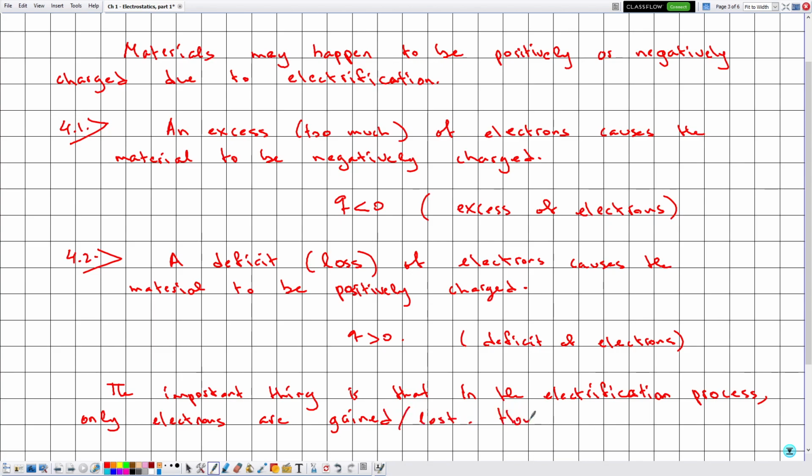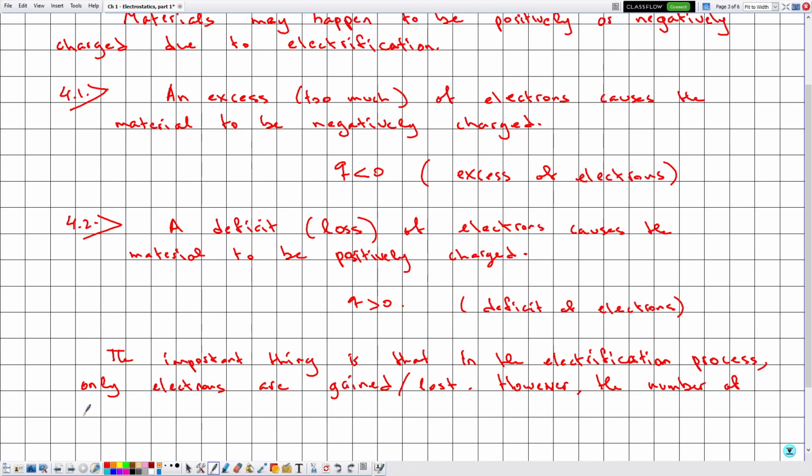However, the number of protons remains unchanged.